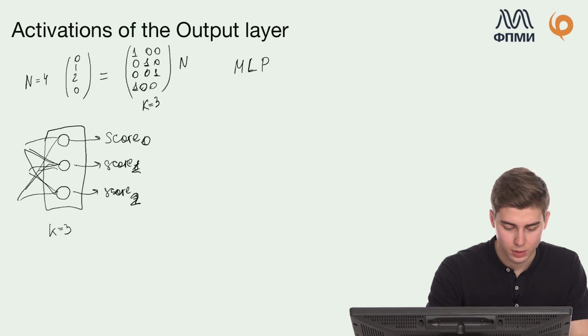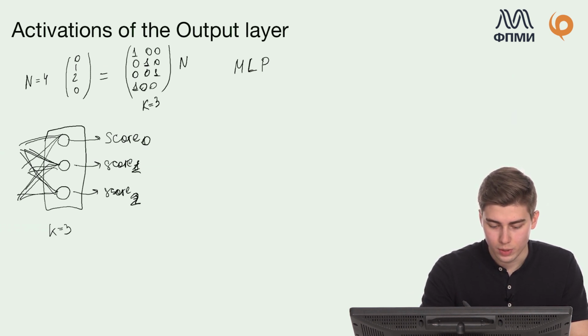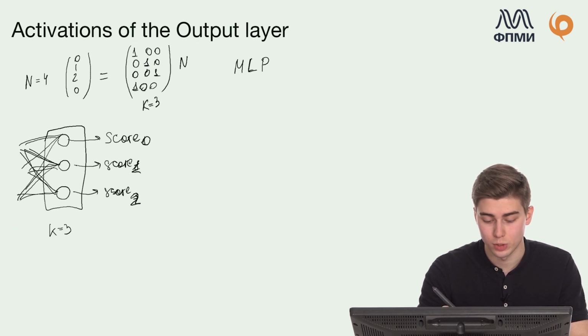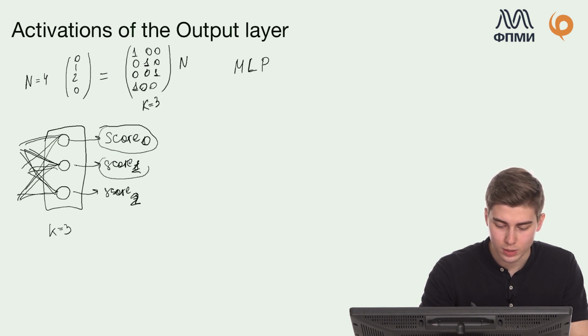We must connect it with all the previous neurons. And here, the score of the jth neuron states for the probability of the jth class. So this is the probability of class 0, probability of class 1, and probability of class 2.